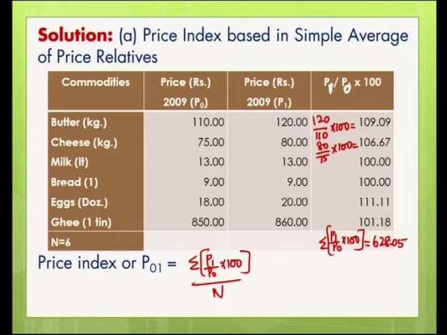How many items are given? 6. So, N is equal to 6 and this value is 628.05 divided by 6, and the value comes to be equal to 104.67.